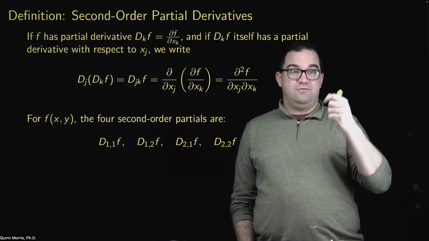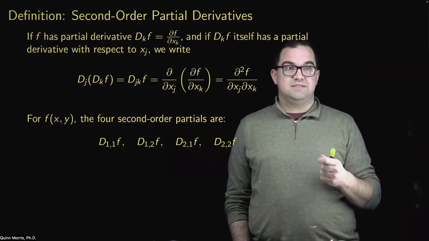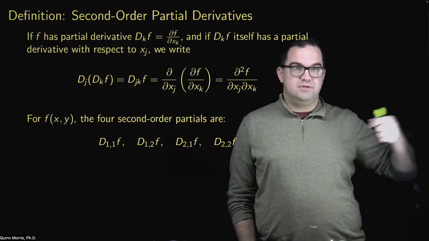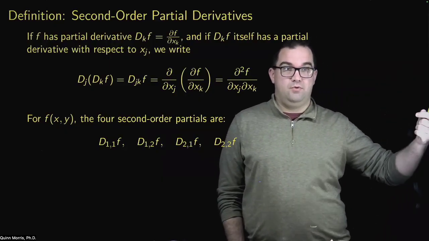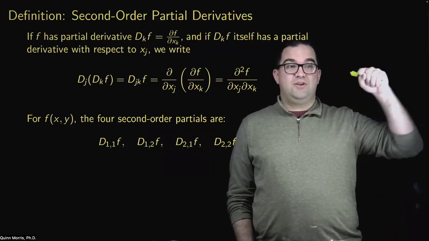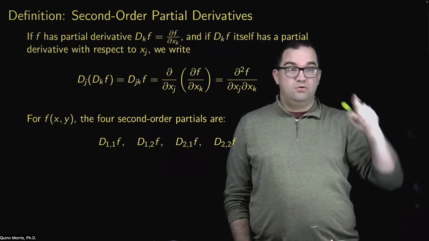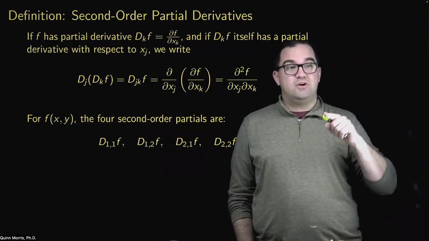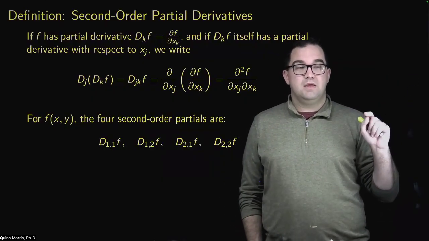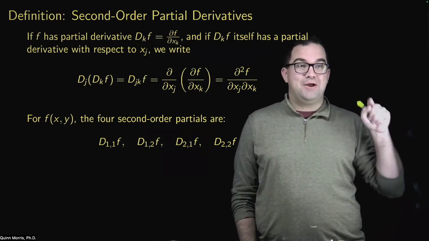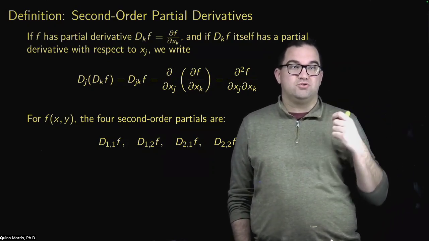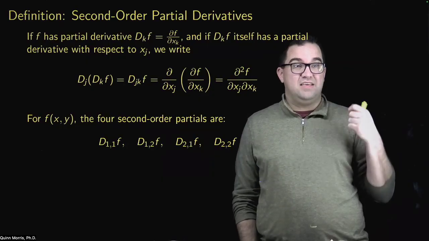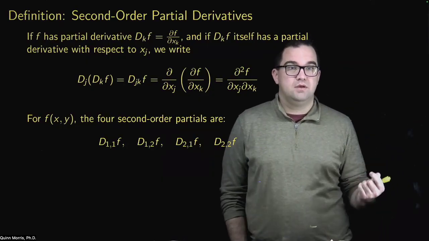We have a derivative with respect to the first variable, with respect to the second variable, all the way up to, say, the derivative with respect to an nth variable. And then if we want to take a derivative of one of those derivatives, we still have n choices, right? So for a function of n variables, there are n squared functions that could lay claim to being something like a second derivative.